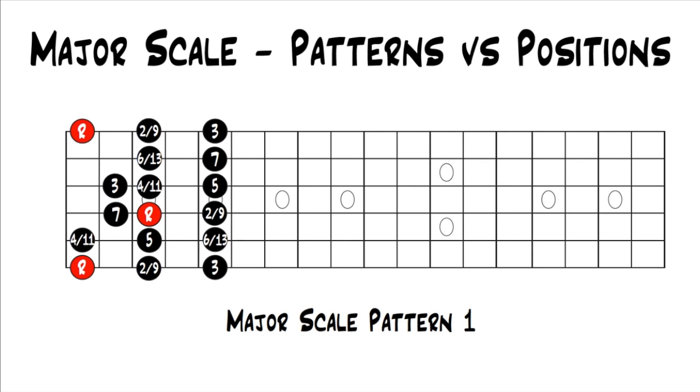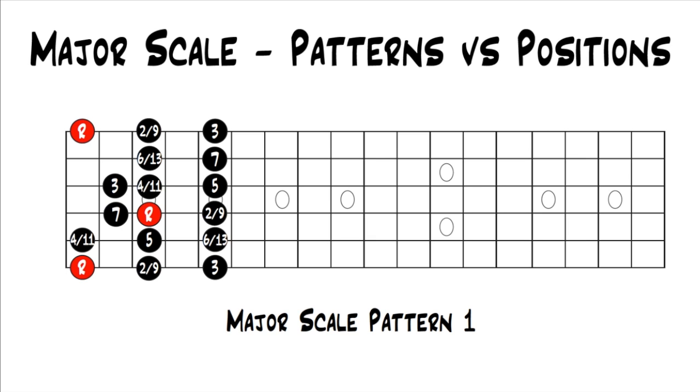It's the same concept, it's just the patterns for different scales look different because of the interval structures. But don't worry too much about that right now, we'll get into other scales later. I just wanted to make that really clear that major scales are not the only scales with patterns. All scales have patterns. All scales can be broken up into patterns.